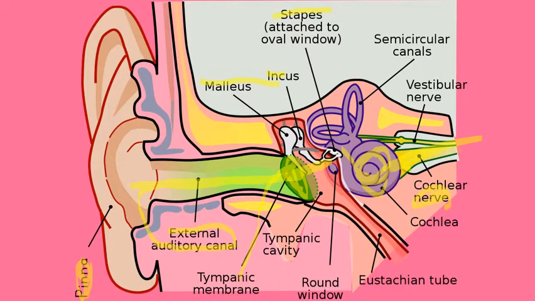And these are the new ones we are learning about today. These are the semicircular canals. I know we mentioned them the last time, but now we're just going to go over it again.